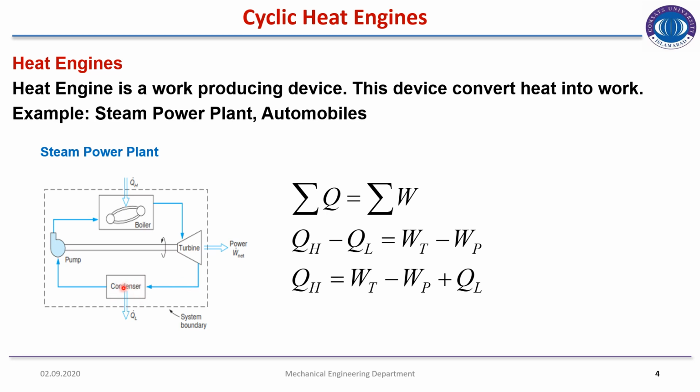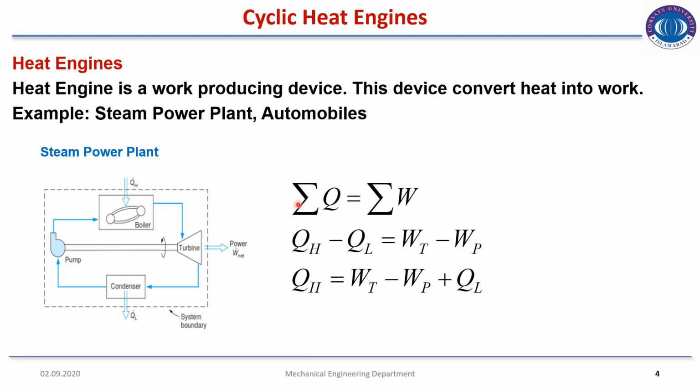There is a heat exchanger, the condenser, that extracts heat from the steam and converts it into liquid, and a pump that pumps the water back into the boiler. You should also remember the symbol of the boiler, because sometimes only symbols or schematic diagrams are drawn and the boiler is not written.